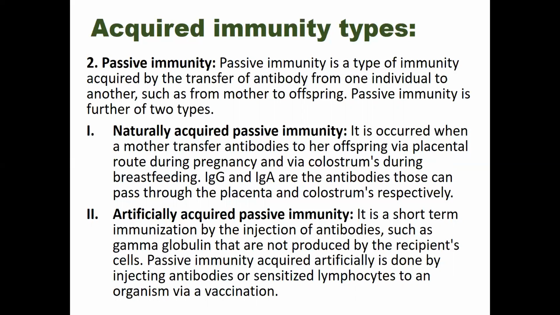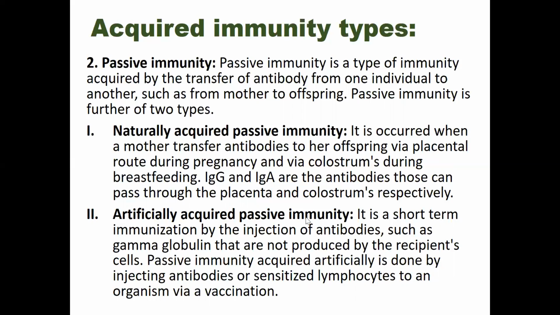Naturally acquired passive immunity occurs when a mother transfers her antibodies to the offspring through the placental route during pregnancy. See here the antibodies, immunoglobulin G and immunoglobulin A. These antibodies can pass through the placenta and colostrum to the offspring.